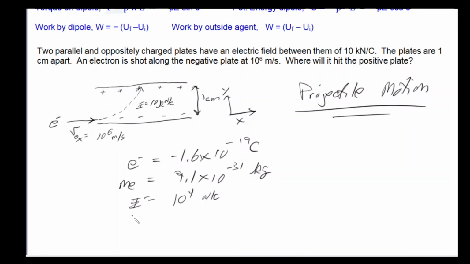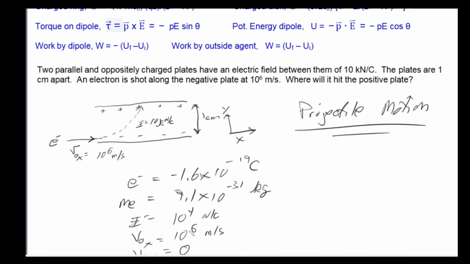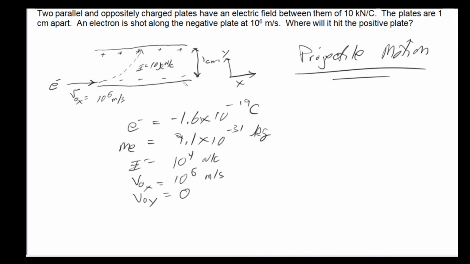We're given our initial velocity in the x direction is 10 to the 6 meters per second. Our initial velocity in the y direction is 0. And the distance that it travels is the separation of the plate, which is y, is equal to 1 centimeter, which is 10 to the minus 2 meters. So this is what we know.